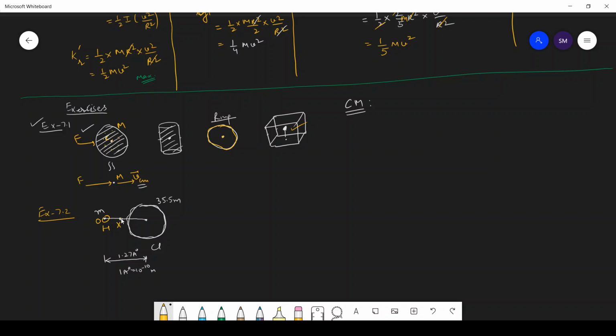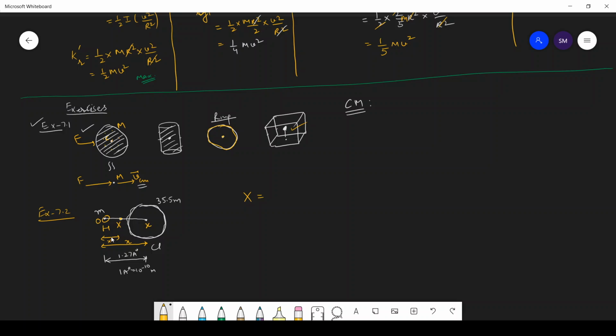So that's the center of mass, capital X, and what will be the location of chlorine? It is at position x. So this distance is capital X, this distance is x, and we are assuming that the nucleus is at the origin.